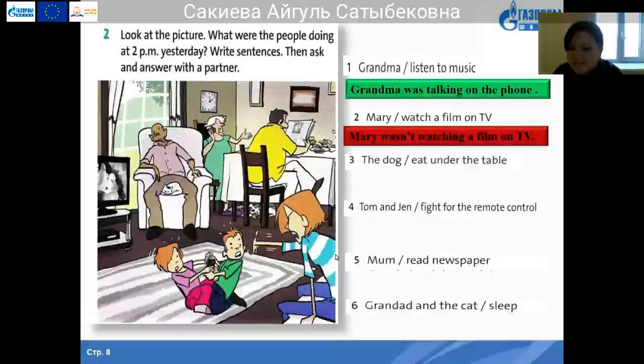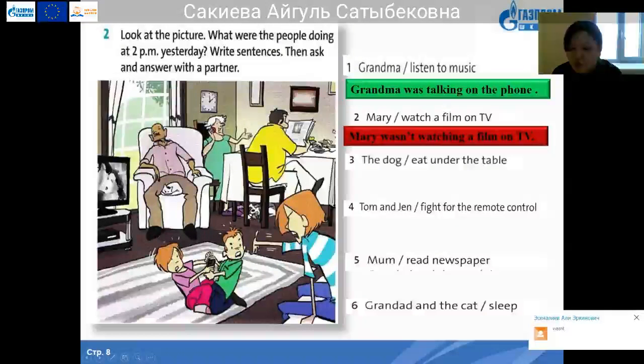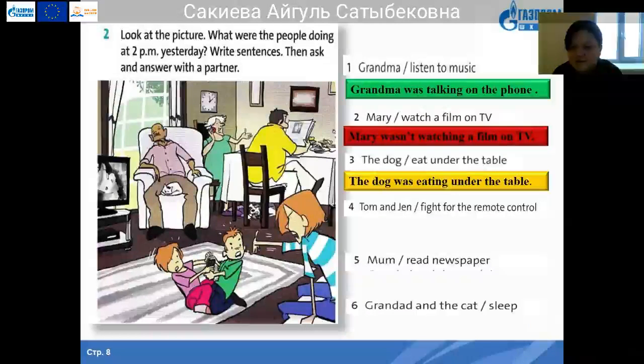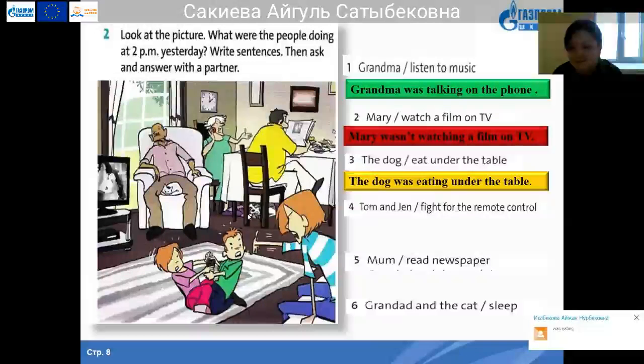The dog ate under the table. Look at the dog. The dog is on the table. What was the dog doing at that time? Give me full sentences, please. Could you write the full sentences? Okay, what was it doing then under the table? Yes, Aidana, the dog was eating under the table.